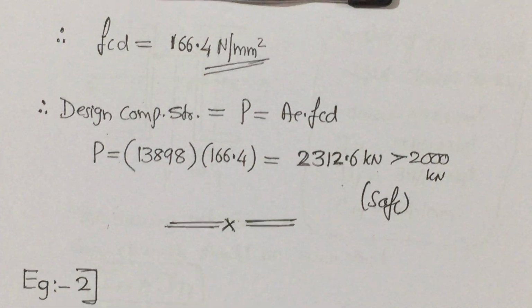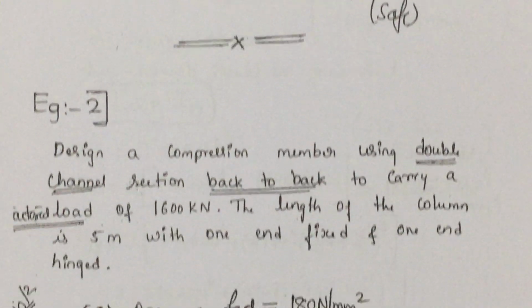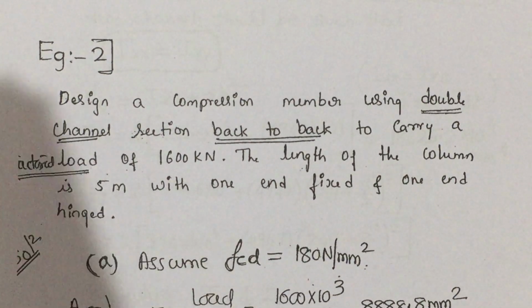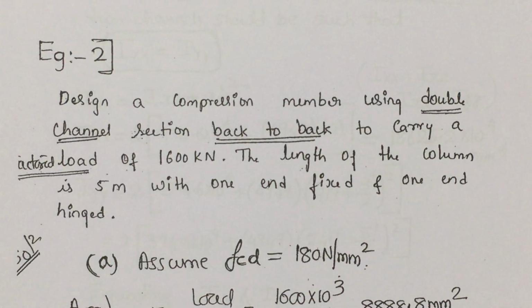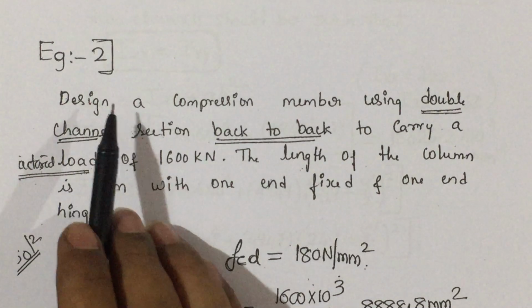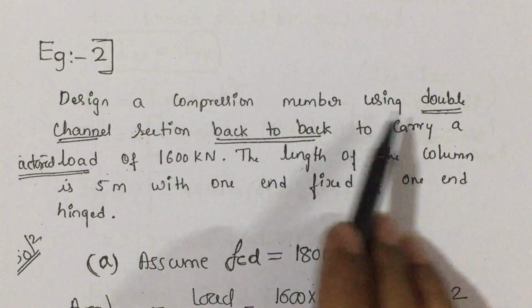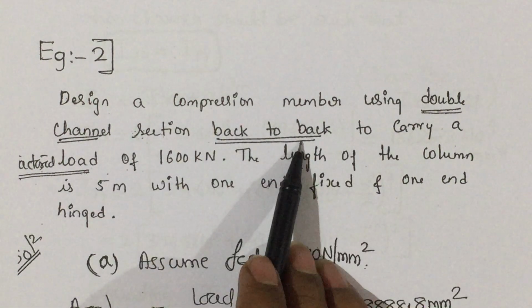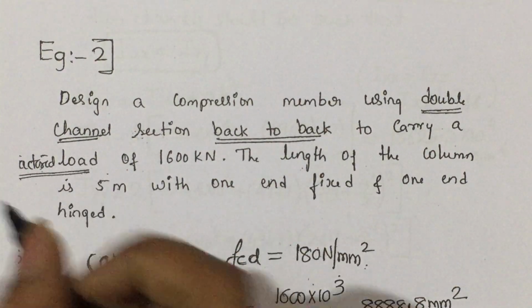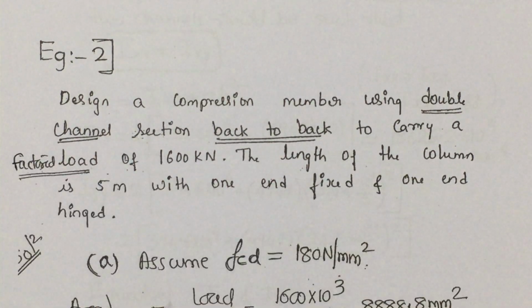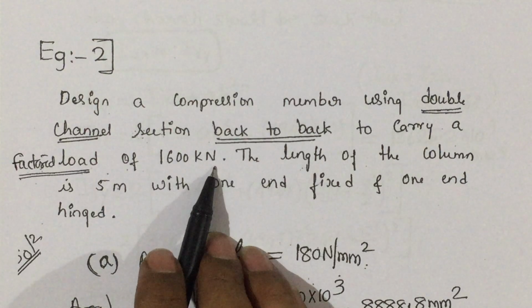Let us solve another problem also. Example 2. Design a compression member using double channel section back to back to carry a factored load of 1600 kilonewton.